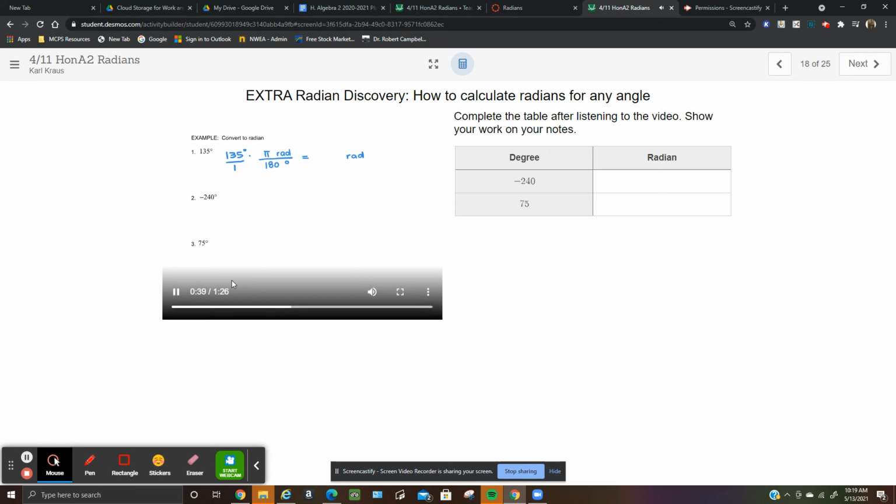So 135 and 180, 5 could go into both. 135 divided by 5 is 27, 180 divided by 5 is 36, and we can further simplify it by taking out the 9. 36 divided by 9 is 4, so we end up on top with 3 pi all over 4, and the degree right here cancels out with that degree.